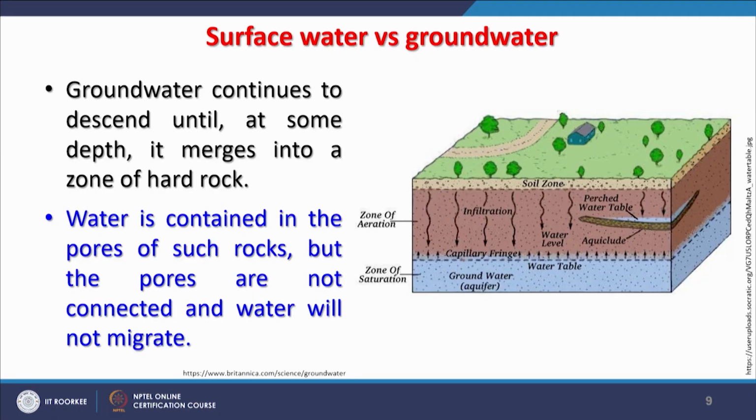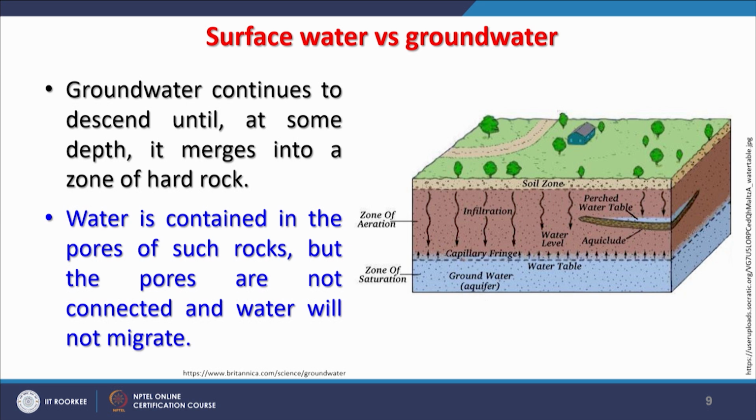That is why it is said in many locations that it is not good to go deep for deeper wells, because after a certain depth you may not find water, because you encounter hard rock, and hard rock without weathering, without fractures or without any voids will not have water. It is not true that water is available as you go deeper and deeper. Some people have this misconception. This has to be removed completely, because ultimately even below the Indo-Gangetic plain, after certain kilometers you would find hard rocks.